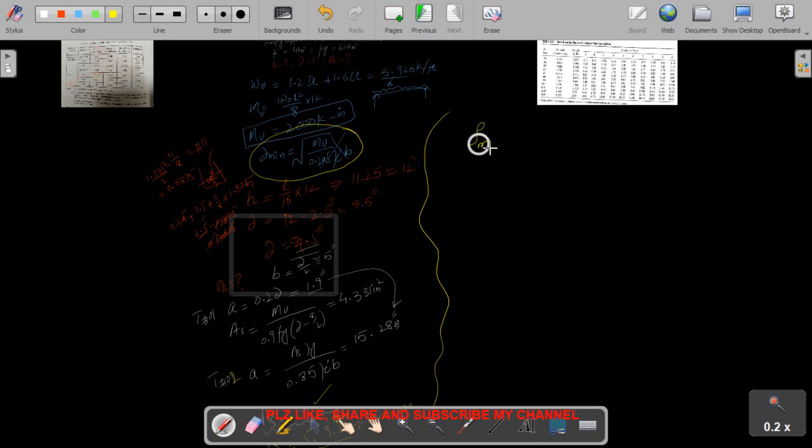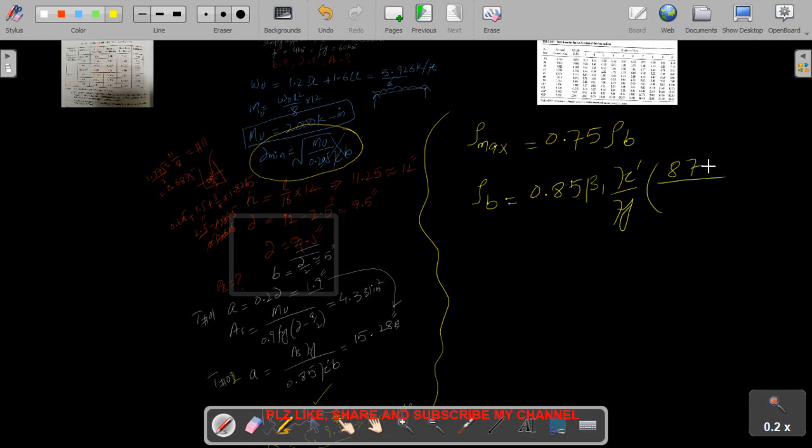Let's say I'm using rho max, right? We know rho max is 0.75, or 75% of rho B. So my rho B value, that is the balanced steel ratio, I have already derived this equation, which I am writing down here: 0.85 beta 1 Fc prime divided by Fy into 87 when we are using ksi, so we will use 87.